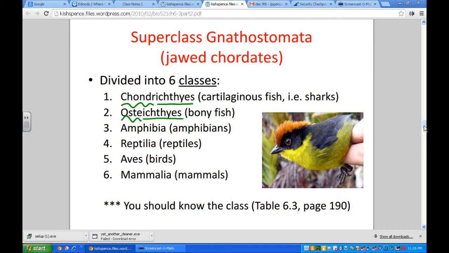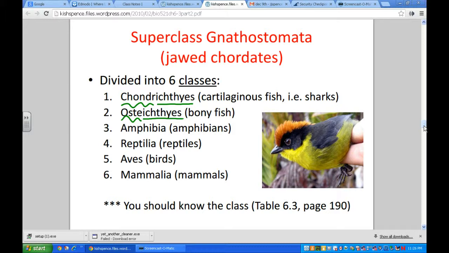Ichthyes means fish. Chondra means cartilage. So they're the cartilaginous fish, and they include sharks, rays, and skates. Osteichthyes. If you think osteoporosis, that's a disease where they have weak bones, they have pores in their bones, so they break easily.